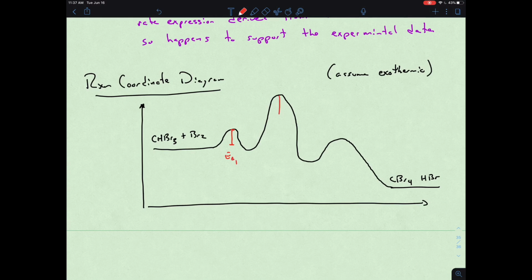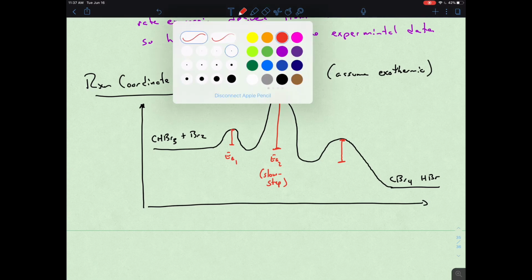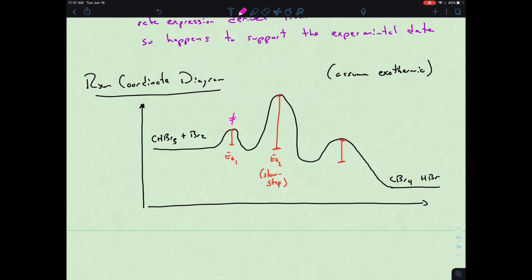There's our first one. There's our second one. Right, there's our third one. Notice that activation energy 2 is the largest because that's the slow step. As a result, we have 3 transition states as well. These are when we're forming or breaking new bonds.